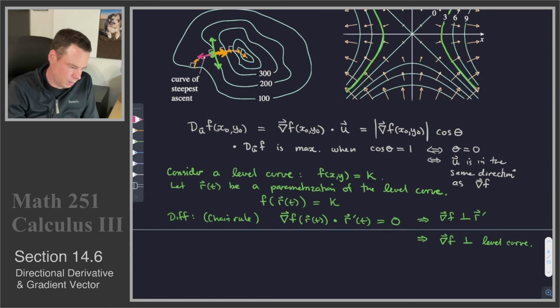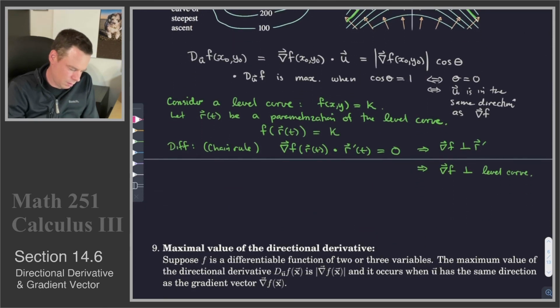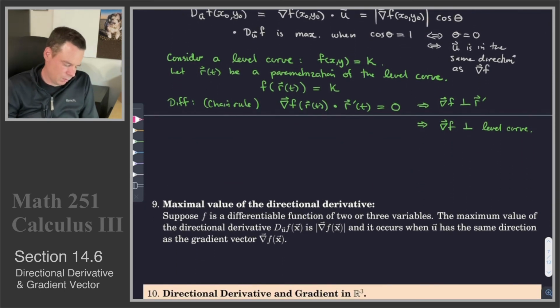All right, let's go ahead and look at a statement of that. Suppose f is a differentiable function of 2 or 3 variables. The maximum value of the directional derivative is the magnitude of the gradient vector.